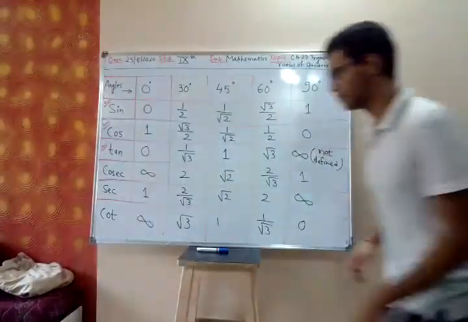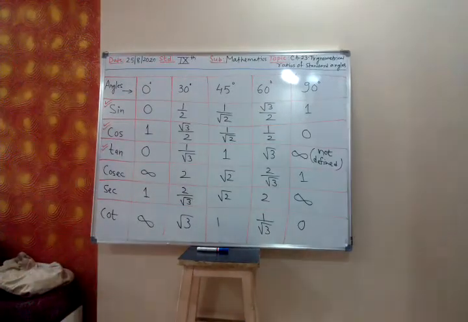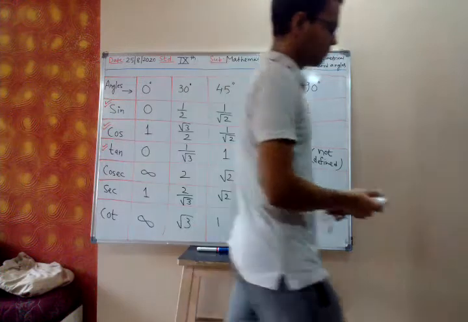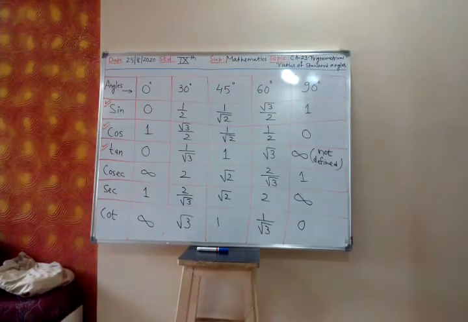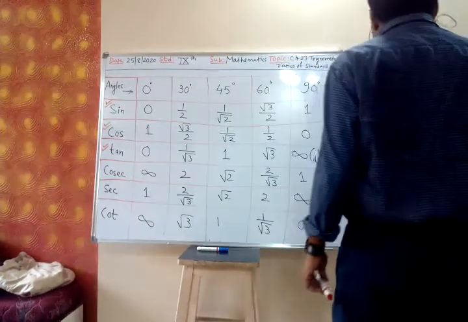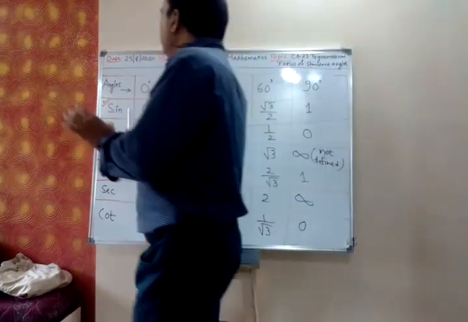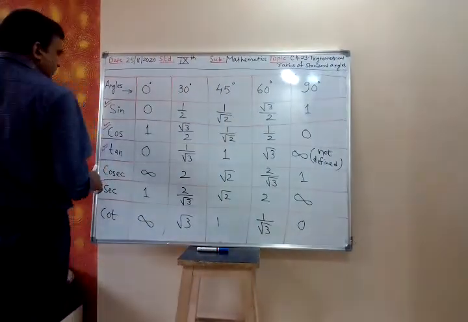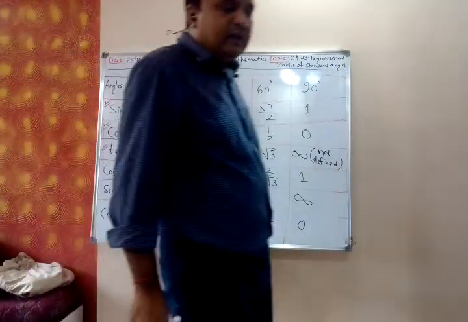Once you remember sine, cos, tan, then you can easily find cosec, sec and cot. Cosec is the reciprocal or inverse of sine, sec is the inverse of cos, and cot is the inverse of tan.